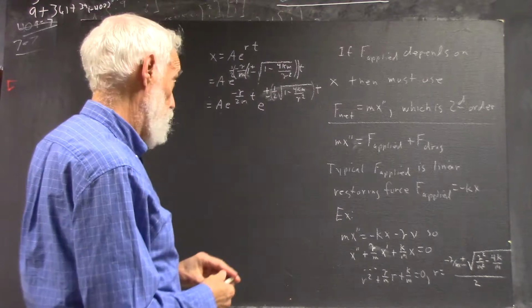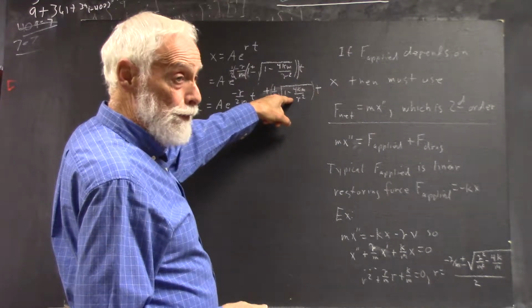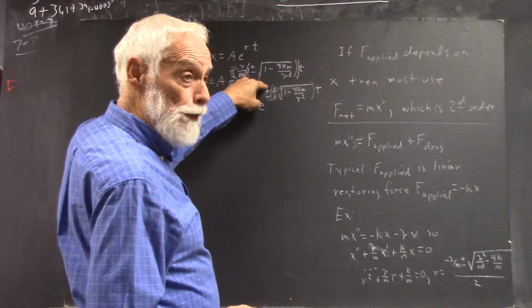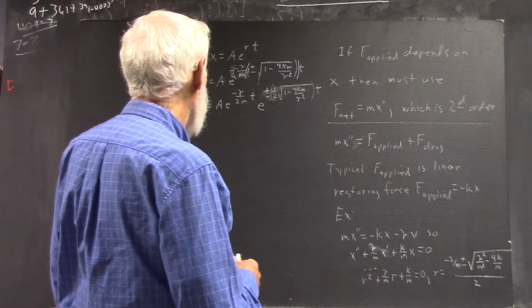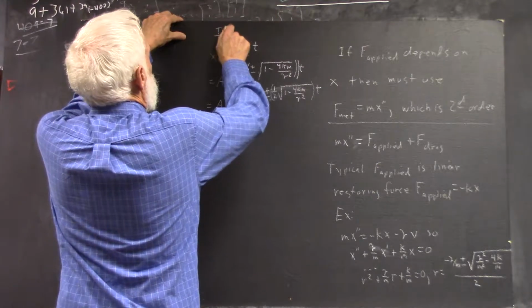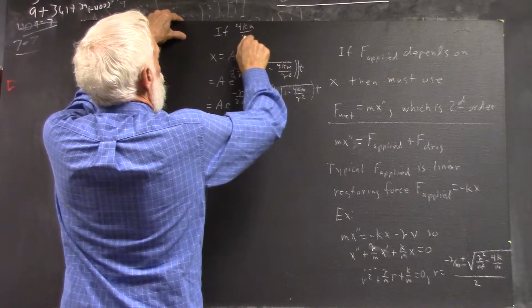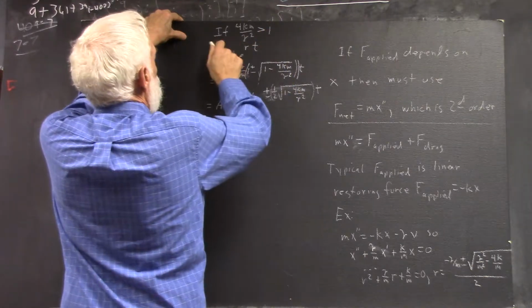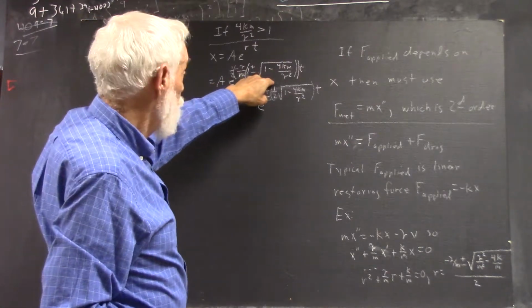Now, if this discriminant here is positive, then I can just keep it in this form because I've got two real solutions. If it's in this form, I've got an oscillatory solution. Okay? So, if 4km over gamma squared is greater than 1, you have this, which you have in any case, whether it's greater than 1 or not.